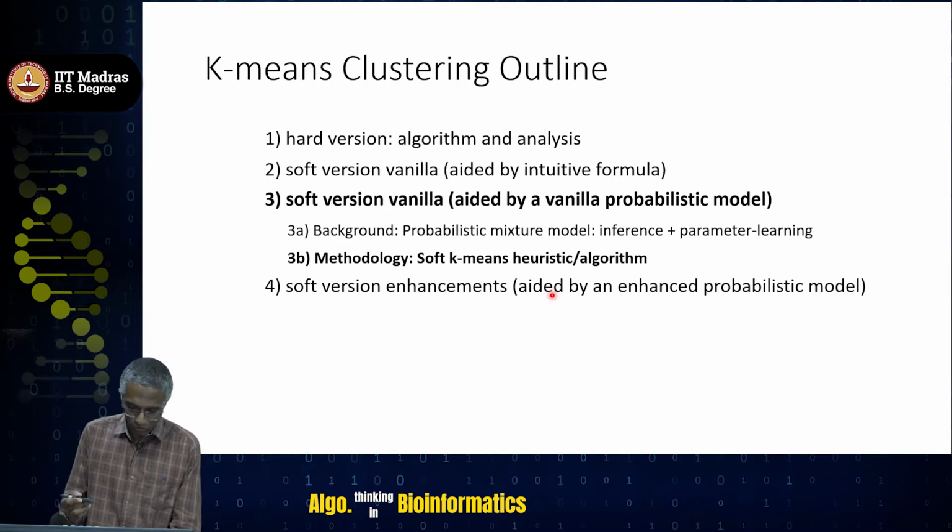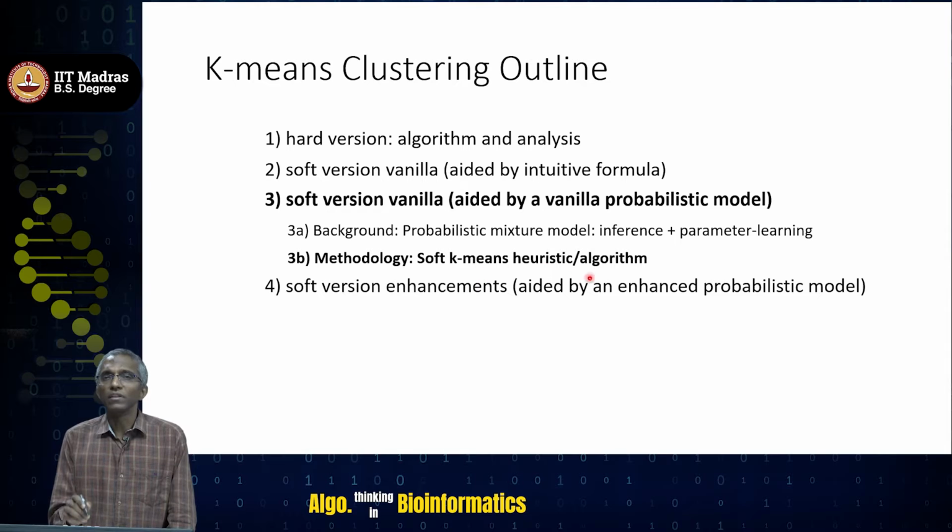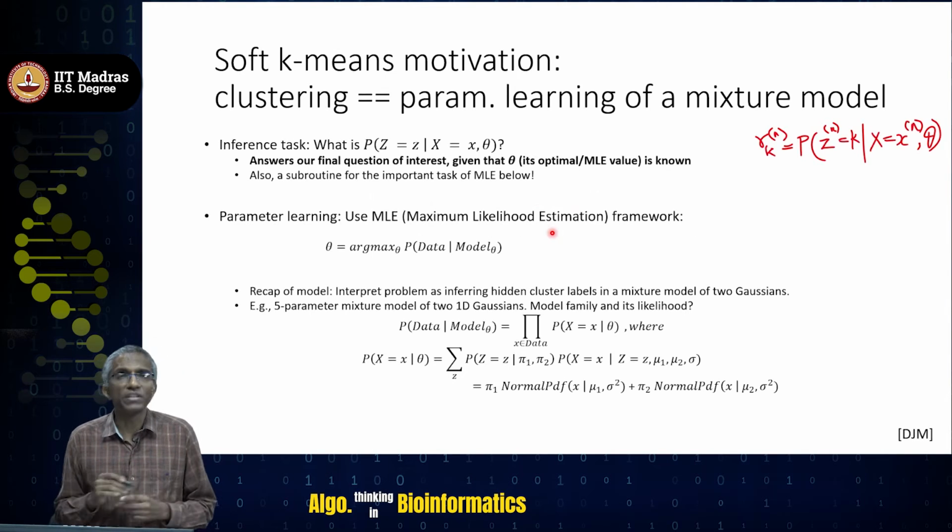Okay. So, it is worth our extra time to spend a few more minutes trying to understand what is the connection between soft k-means heuristic that we have seen before and the underlying mixture model that we have seen in this background. Okay. So, this slide summarizes this connection.